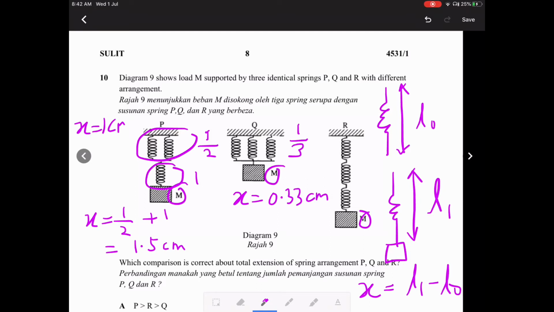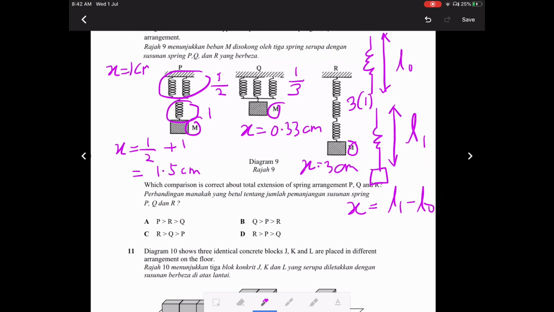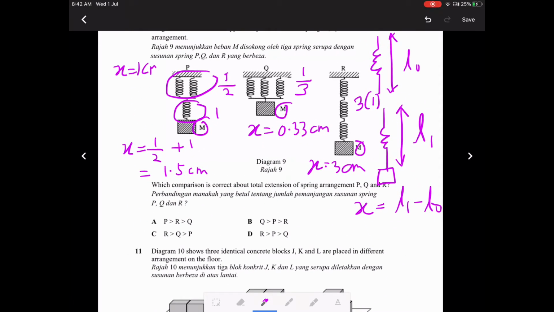So, kita akan gunakan 3 kali 1. So, nilai X dia adalah 3 cm. Okey. Jadi, kalau ditengok di sini, pemanjangan yang paling besar adalah R, diikuti dengan P, dan diikuti oleh Q. Alright. So, jawapan mana? So, jawapan ialah D.